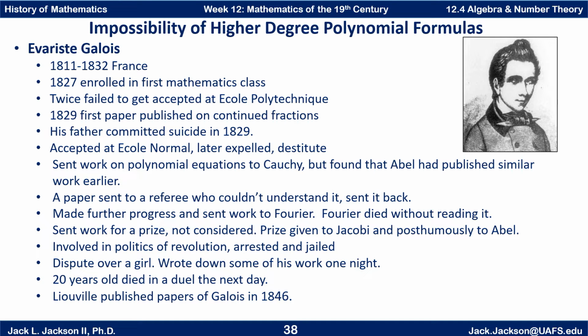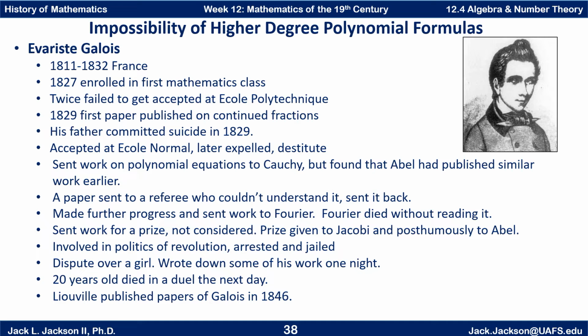He sent some of his work for a prize, but it wasn't even considered. That was the prize that was given to Jacobi and to Abel, where Abel got it posthumously for their work. Of course, Abel and Jacobi deserved it, but again, there was another chance to get his work recognized. No avail. He also got involved in the politics of the revolution.